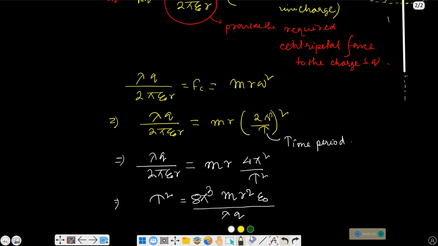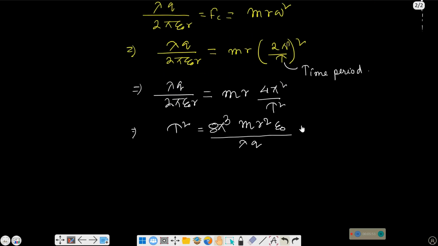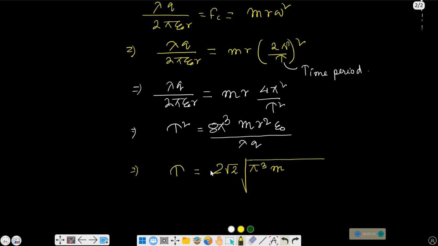Okay, so this implies T equal to 2 root 2 pi cube m, taking r common outside, m epsilon naught by lambda cube.